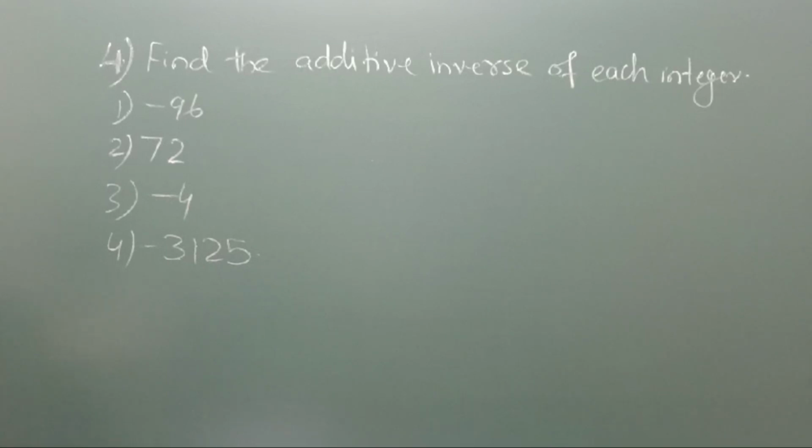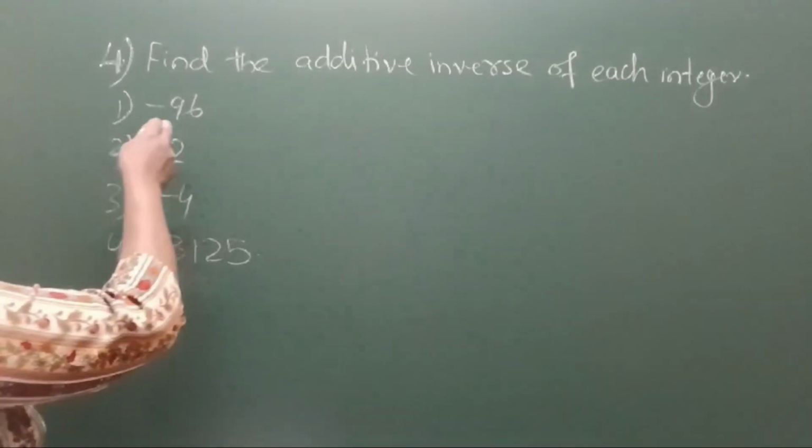Fourth question is find the additive inverse of each integer. We have learned that existence of additive inverse means for any integer there exists its opposite. So here minus 96, what is its opposite or additive inverse?